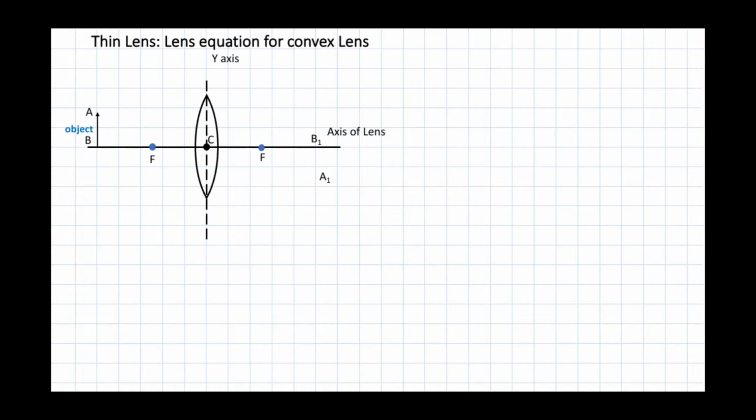Then when light falls on this object, the rays are reflected from the object. So they go in all possible directions. So there are a large number of rays, but for understanding we are considering the rays reflecting from the top of an object.